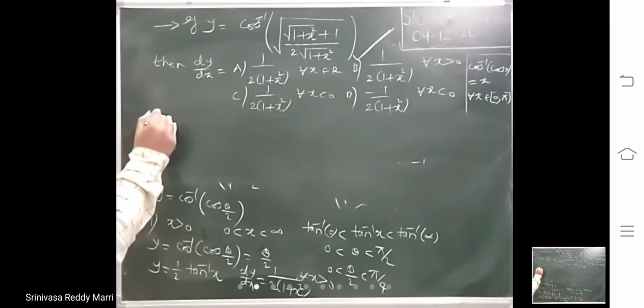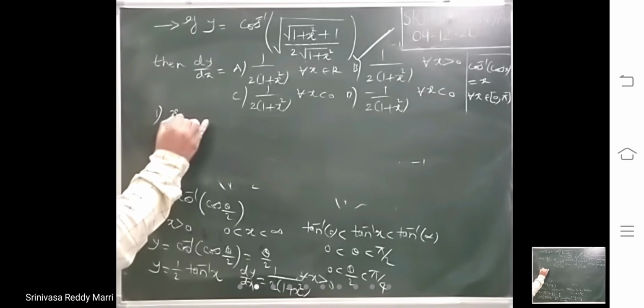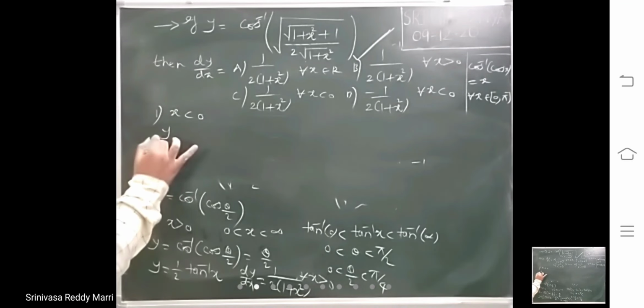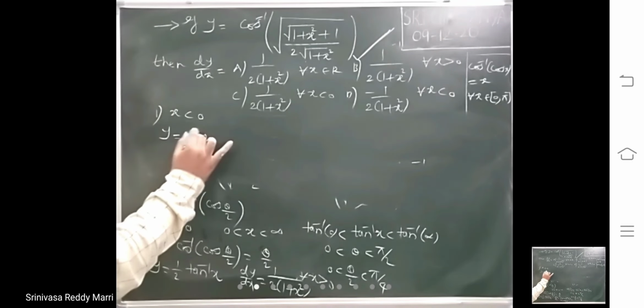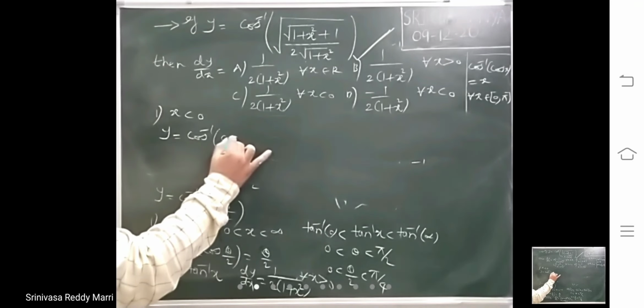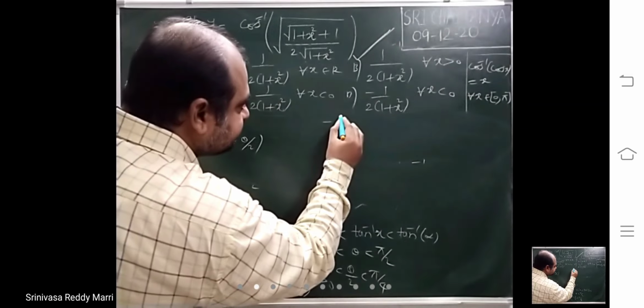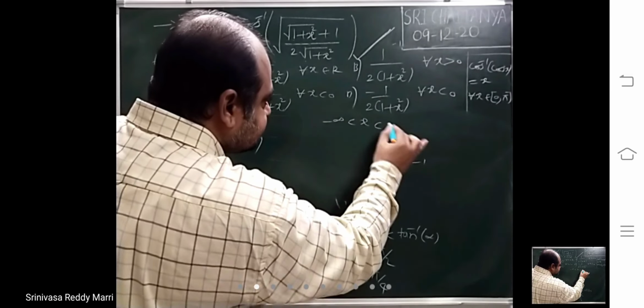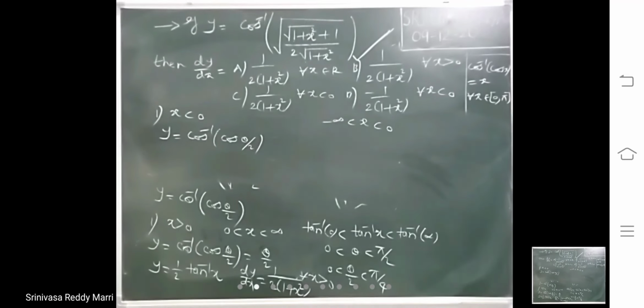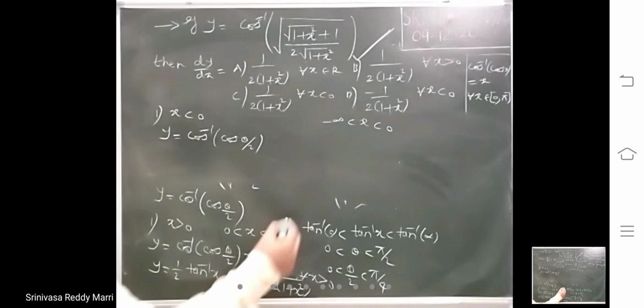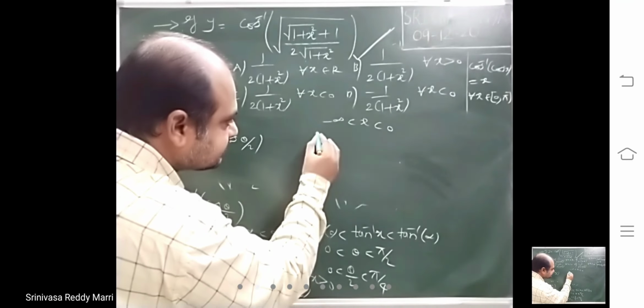So now x less than 0. X less than 0 means x is lying in the interval minus infinity to 0. That means I am applying tan inverse.